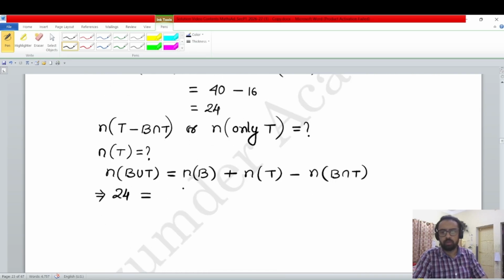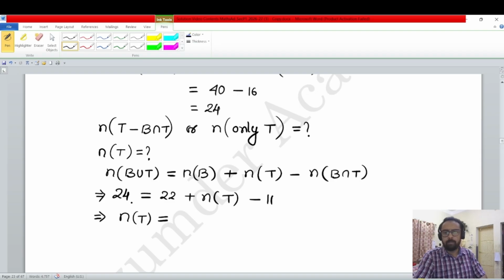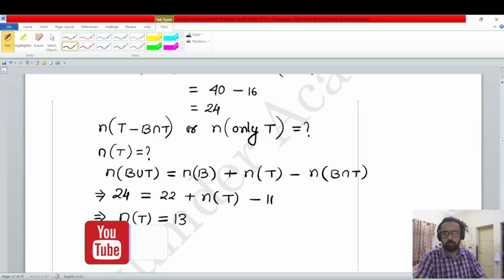So 22 plus n of T minus 11. From here, if we change sides, we will get n of T equal to 24 minus 11. 24 minus 11 is 13.